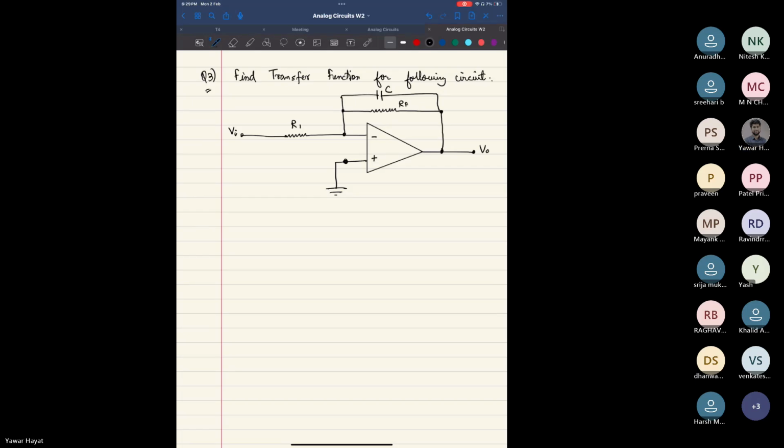Compute the transfer function of the circuit. I'll wait for the answer.